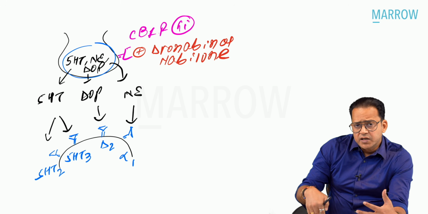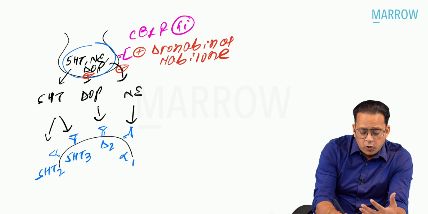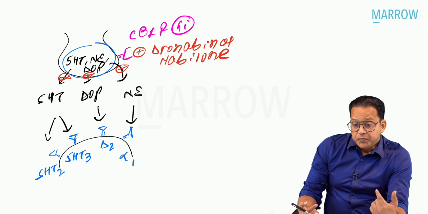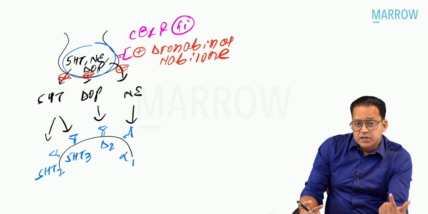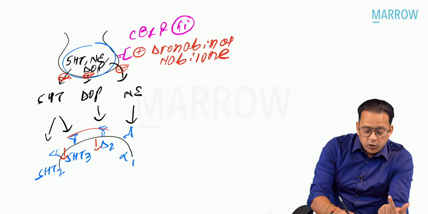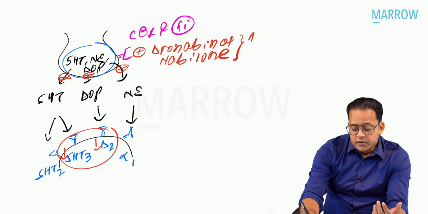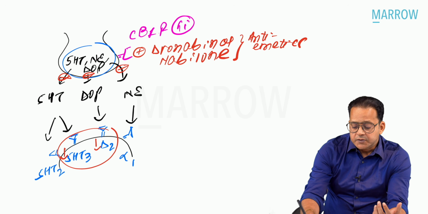The moment I stimulate this presynaptic Gi subtype receptor, it blocks the release of all these neurotransmitters. If I'm blocking the release of all these neurotransmitters, number one, there would be decreased activity on 5-HT3 and D2. And all of you know, decreased activity on 5-HT3 and D2 will give us an anti-emetic effect. So these are anti-emetics.